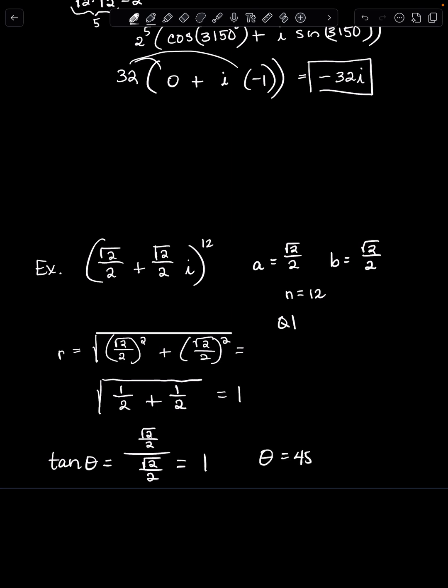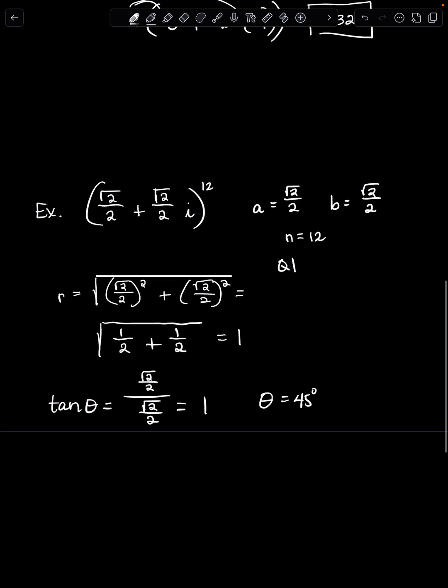And then when I evaluate this using DeMoivre's theorem, I'm going to have R raised to that power times the cosine of that power times theta plus I times the sine of that power times theta.